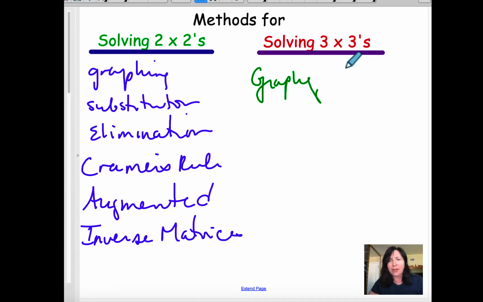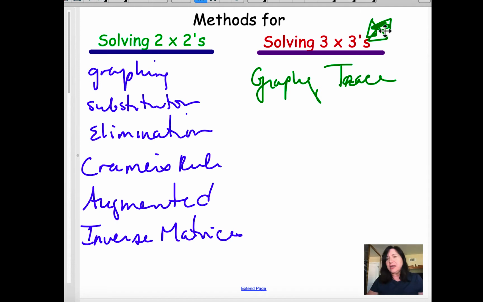In using the graphing method, we used what we call traces. Remember, a trace is like a portion, a part of a plane. And if you have three traces and they intersect in one place, in one point, three planes are going to intersect in one point.